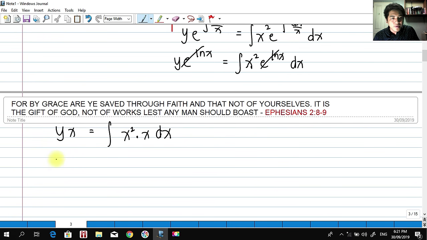So, our solution would be xy equals the integral of x cubed dx, so we have xy equals x raised to 4 over 4 plus c.